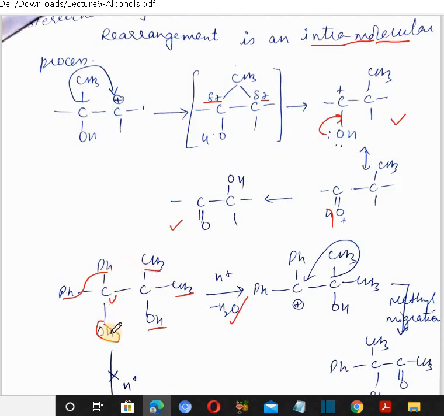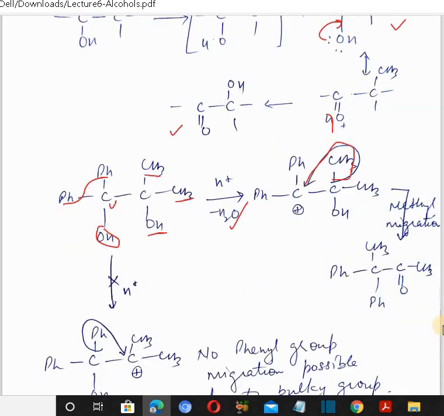So this carbon loses water and will have positive charge. Then the methyl group from the other carbon moves to this carbon, and we get methyl migration and the positive charge moves to this, and then ultimately H is removed and we get this ketone.